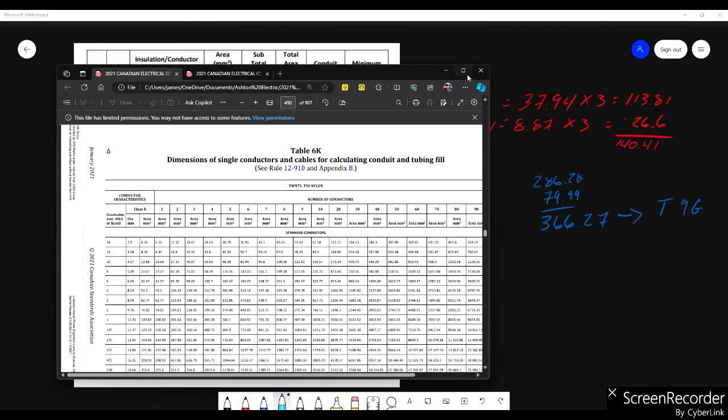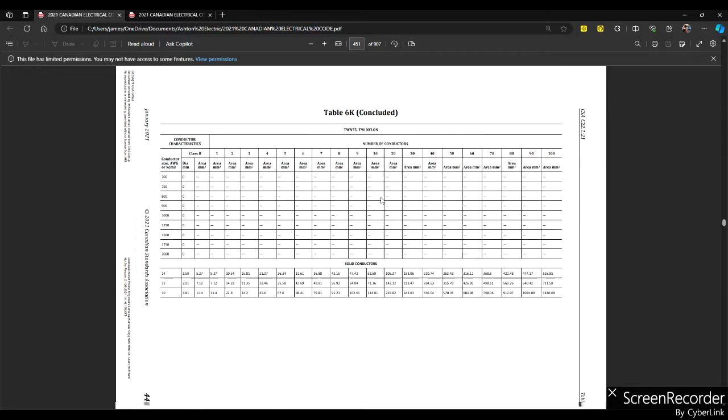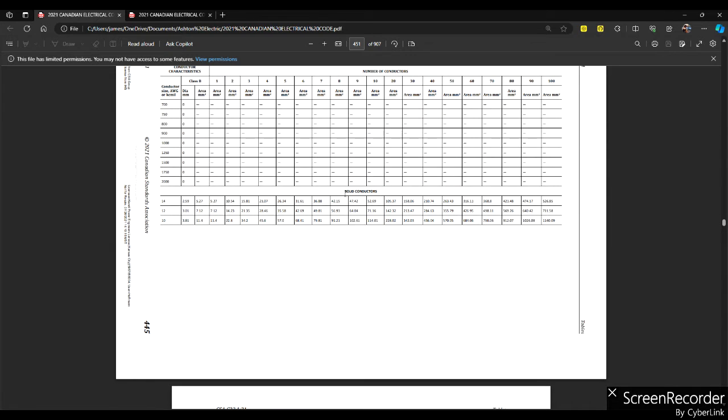So I could just take my 8.45 and multiply that by 9, or I can come across to the number of conductors 9 for number 12, 76 point, oh, let me just make sure that's correct. Number 12. Oh, see, I almost made the mistake. The mistake is I'm looking under stranded, right? You gotta watch that one. We want solid.